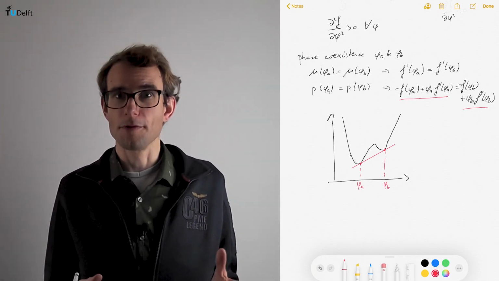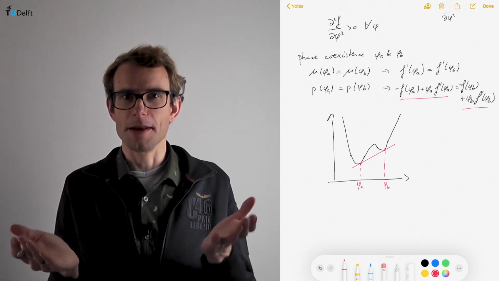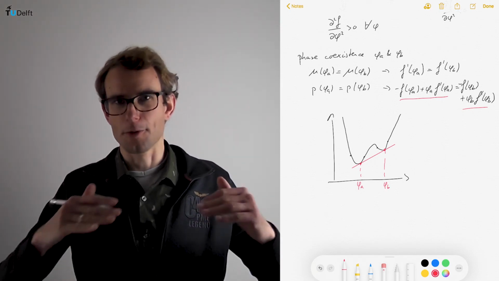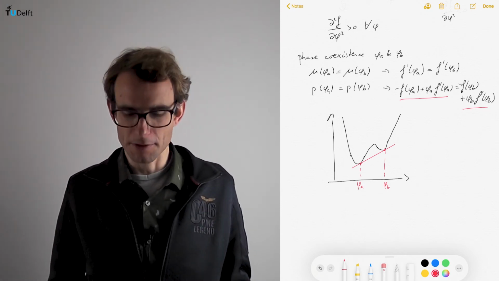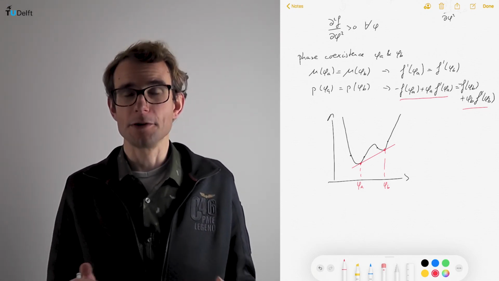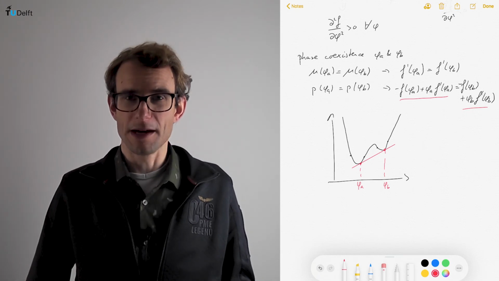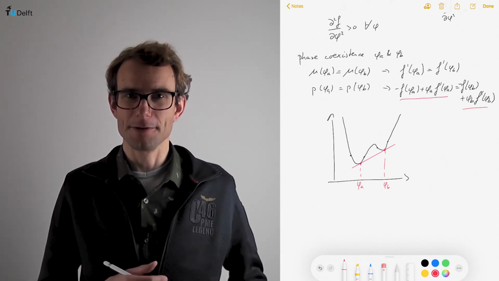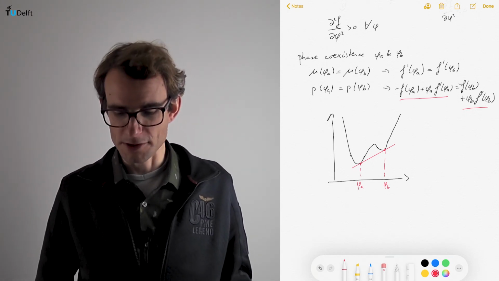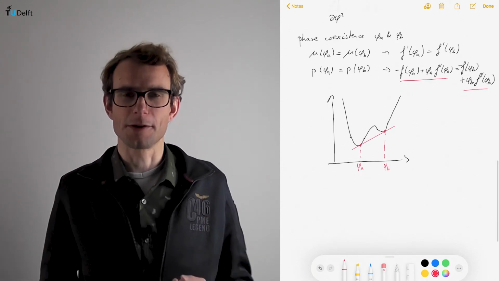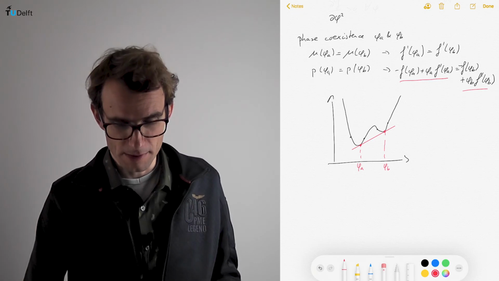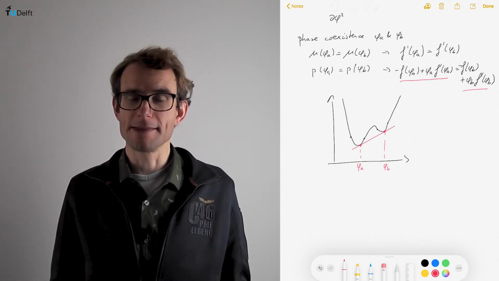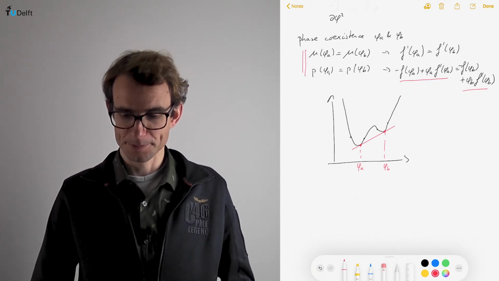If the whole curve is symmetric and you have two local minima that are at equal depth, then of course the tangent line is horizontal and then they will be in the local minima, but in general they will not be. So this is known as a common tangent construction. It's a pretty easy way of finding out where your coexisting concentrations are, which then satisfy both this condition of equal osmotic pressure and equal chemical potential.